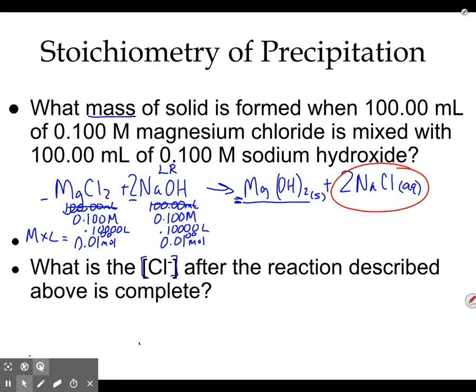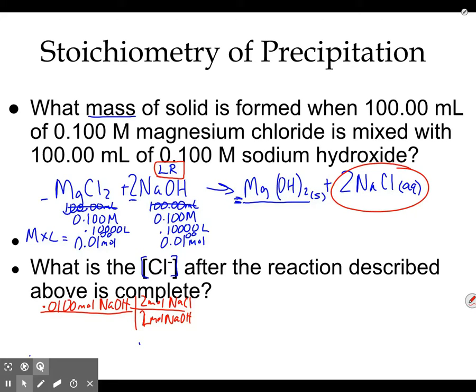Since we have our limiting reactant, he is going to be the boss, and that's always what we start every other calculation with. So I have 0.0100 moles of my limiting reactant, which is sodium hydroxide, and I'm going to take that to moles of sodium chloride. For every 2 moles of sodium hydroxide, I have 2 moles of sodium chloride formed.